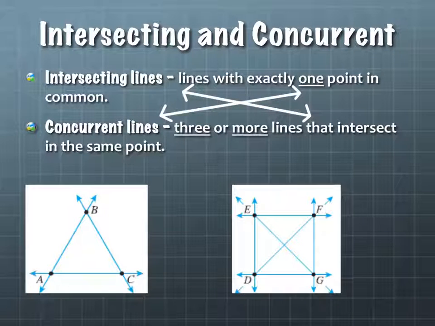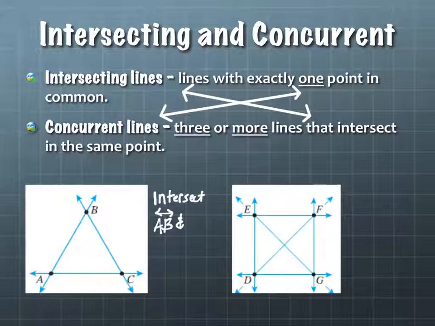Are there any intersecting lines? Yeah, there's several intersecting sets, right? So an example of intersecting lines here would be what? So AB as a line with the arrow on the top, right? And BC. These would intersect.